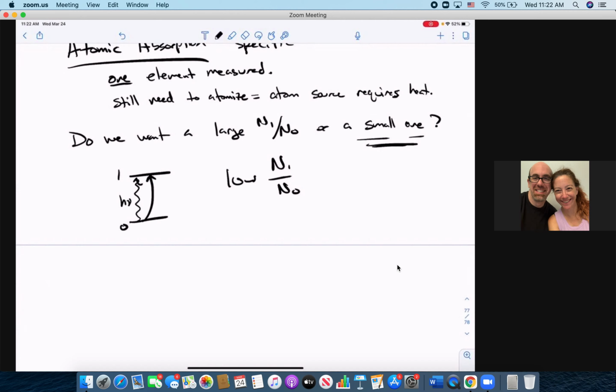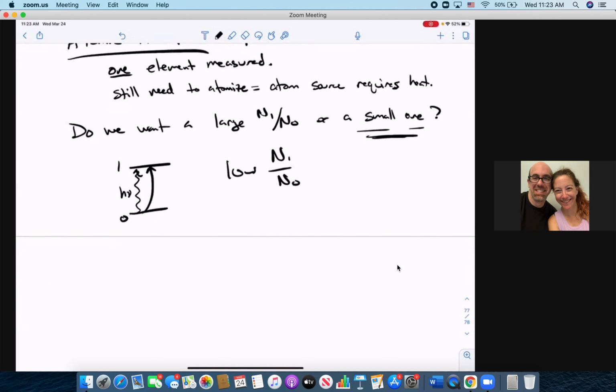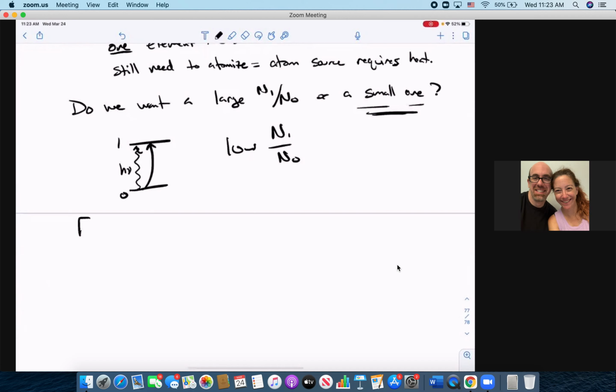So I want a source that is hot enough to atomize, but cool enough to not populate the upper state appreciably, right? When I'm talking about cool enough, I'm talking about the low 2000 Kelvin range. Still extremely hot, right, from our perspective. So we use flames. They're still used as common atom sources for atomic absorption because they're kind of cold.